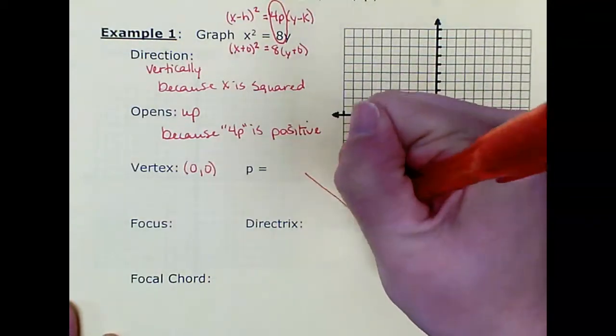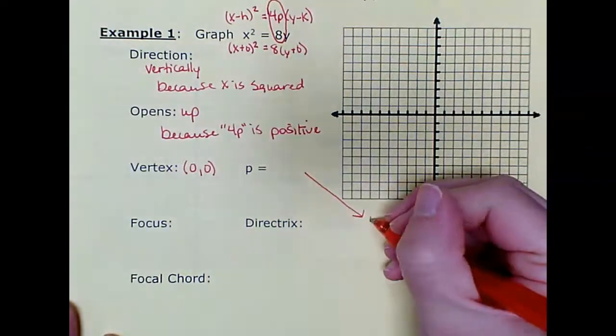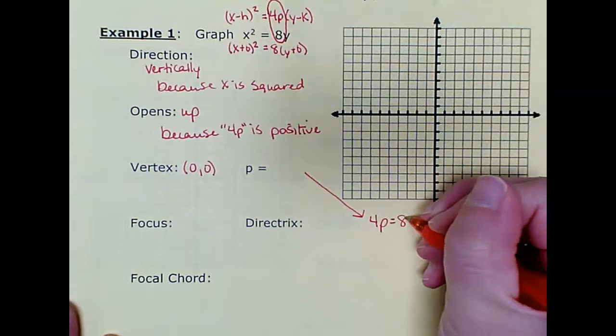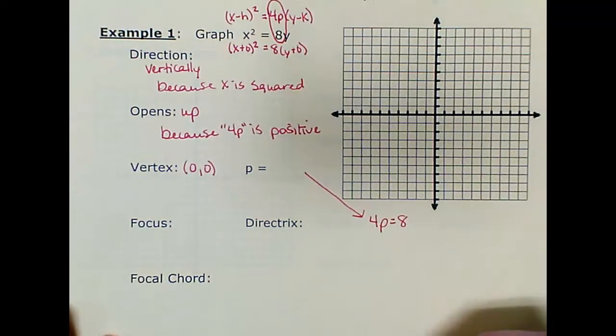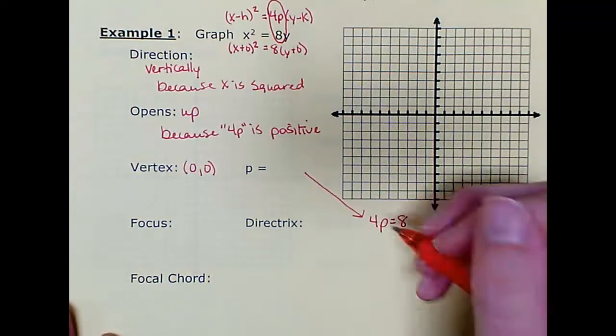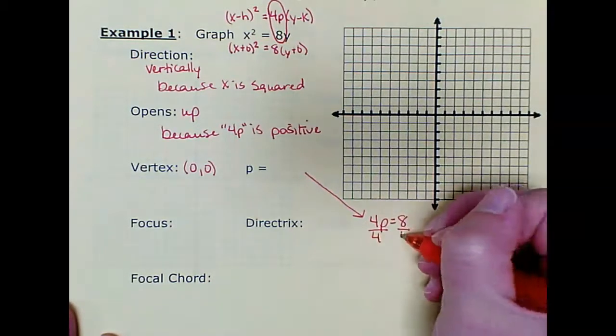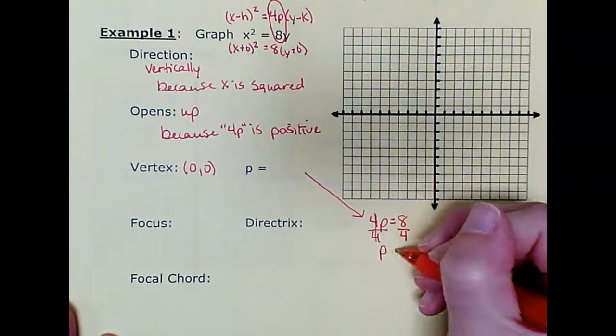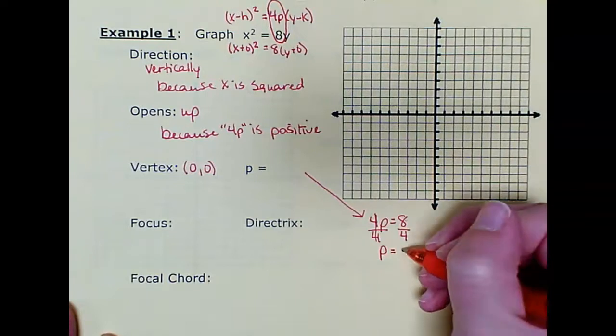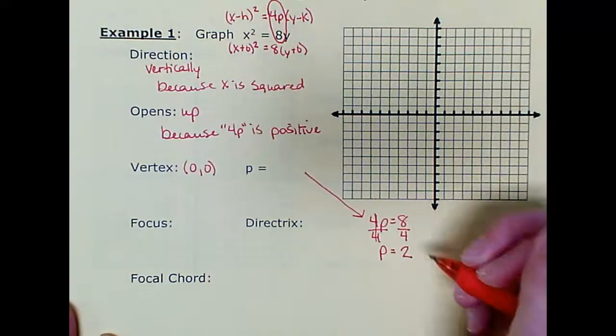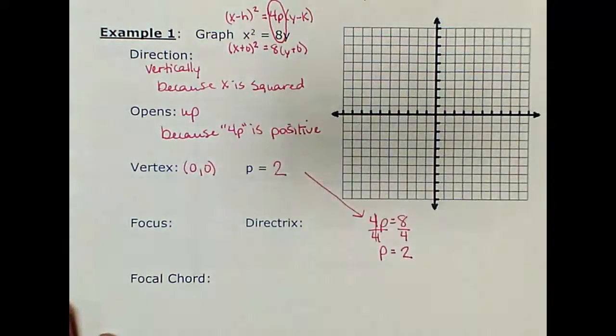So if I set 4p equal to 8, now you have a very small one-step equation to solve for p. I would divide both sides by 4, and I would have 1p equals 8 divided by 4, which is 2. So my p value is 2.